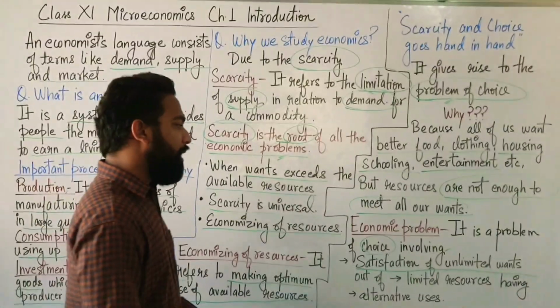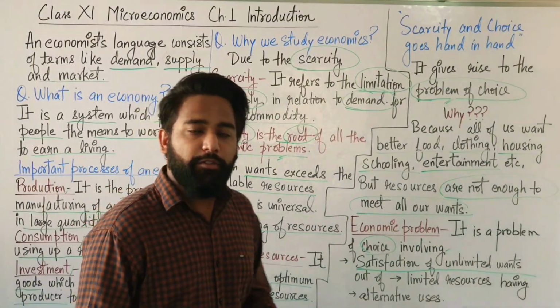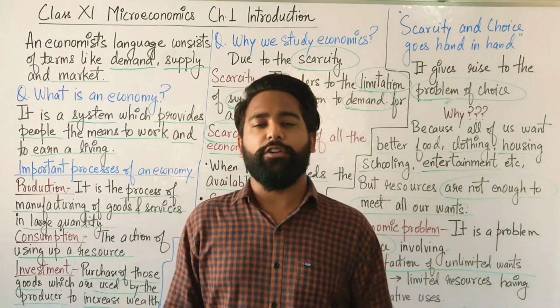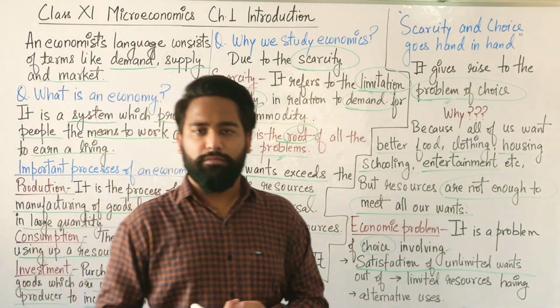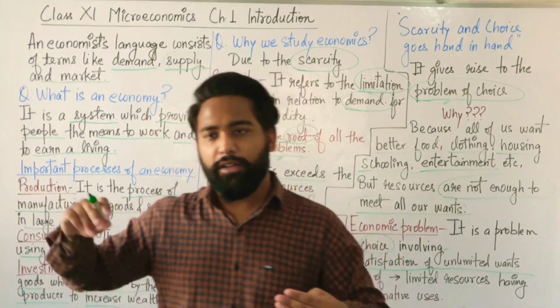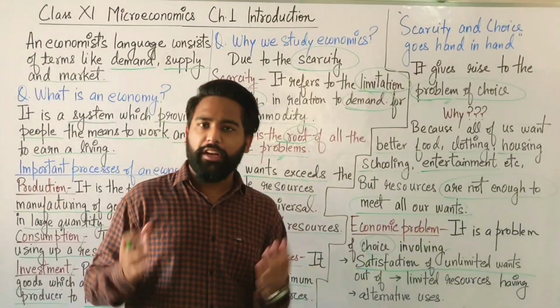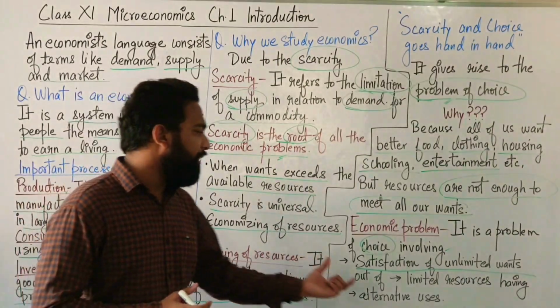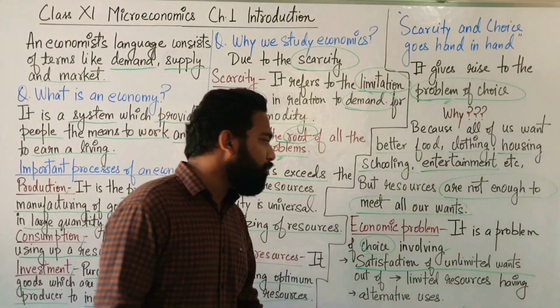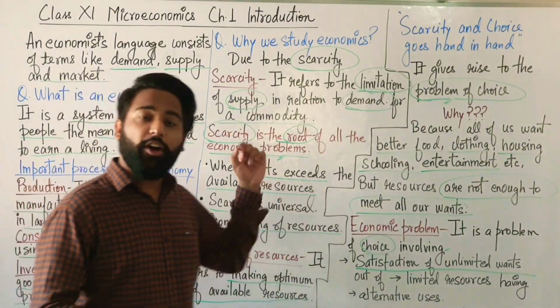There is one problem that we want to satisfy ourselves with unlimited wants. We want a laptop also. Understood? We want a television also. We want a refrigerator also. We want an air conditioner also. Then we have unlimited wants, and it is increasing day by day. So we have to satisfy ourselves. So it's an economic problem.